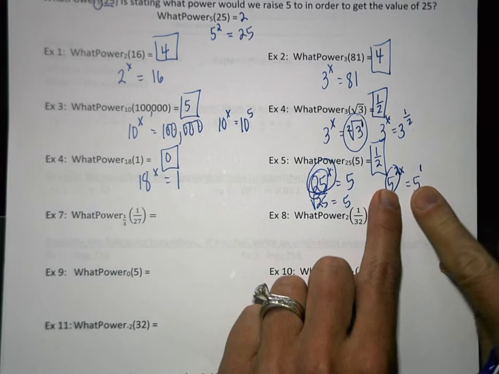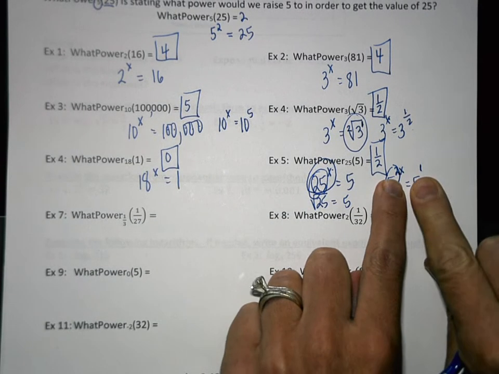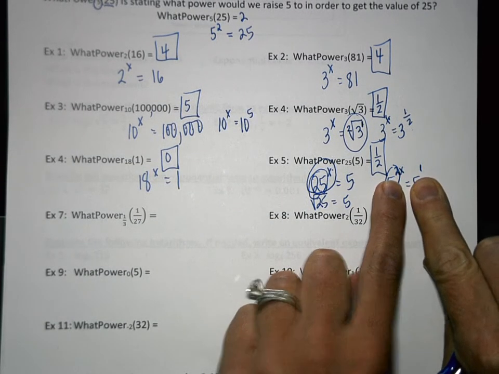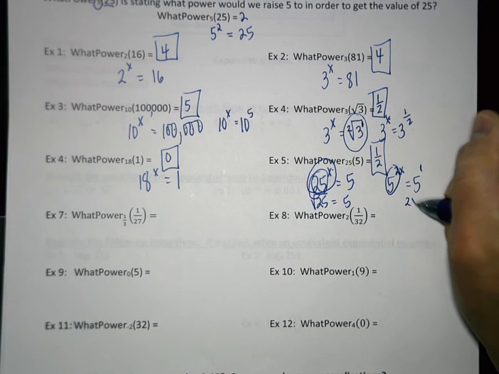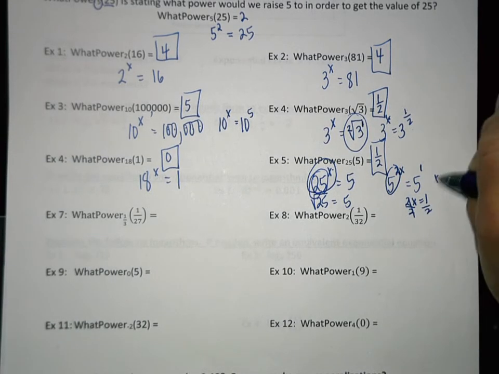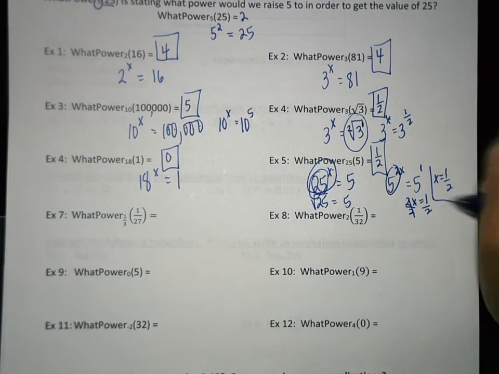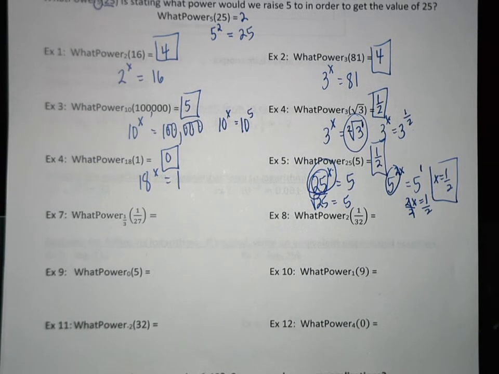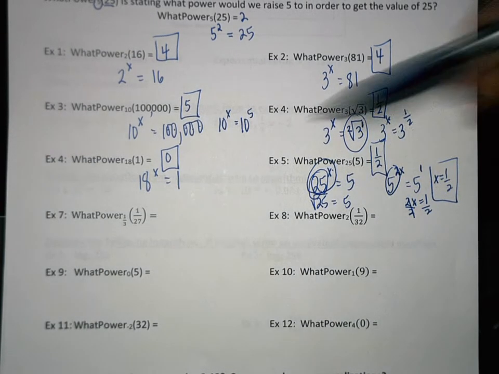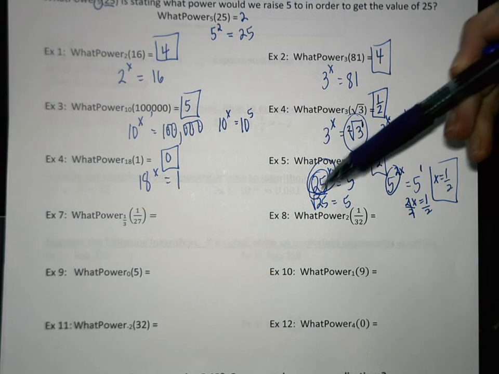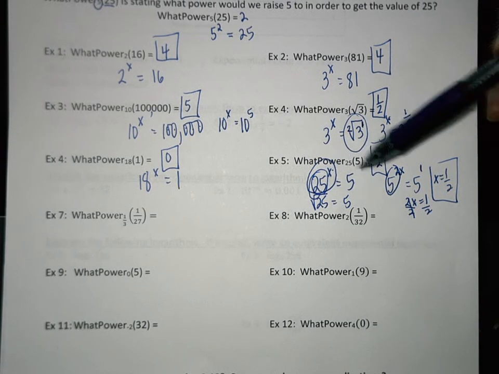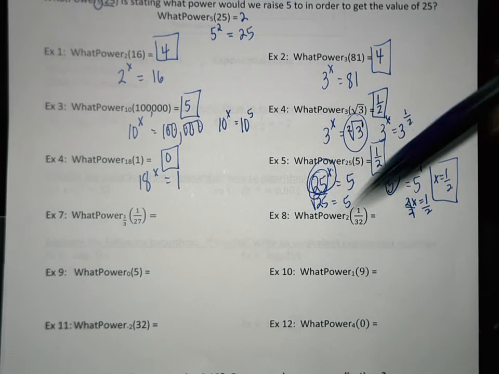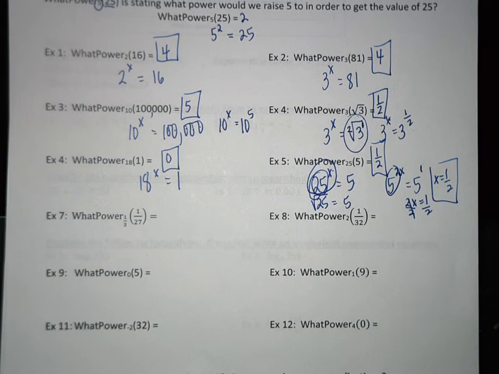If these bases are the same, that means the exponents would also be equal. And so we would go 2x equals 1 and divide by 2 to both sides in order to get the answer of 1/2. So that's another way of thinking through the process. But for the most part, we're hoping that you're going to be able to think through this as 25 to what power gives me 5. Well, 25 to the 1/2 power will give me the answer of 5.